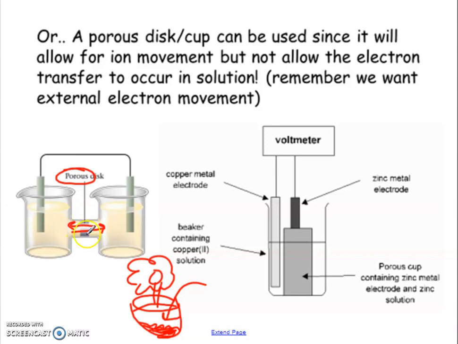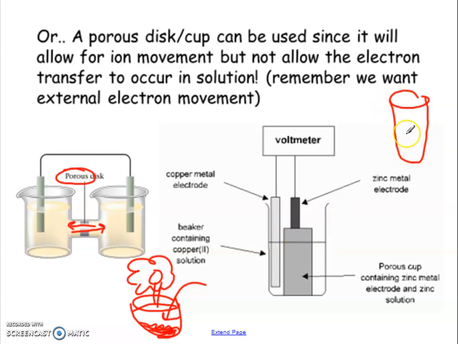This is the same thing here. The solutions are able to mix here. So ions can travel one way or another, but you still have a separation of the two half cells. The same thing can happen in one beaker with a porous cup. It's literally like a cup, almost like a test tube shape, but made of the same porous material, like a clay type material.